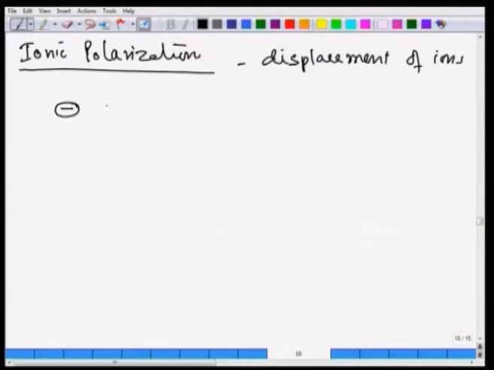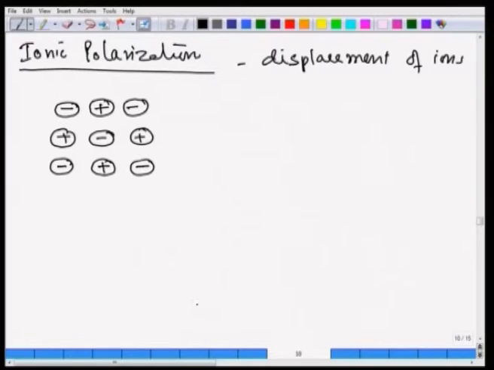Let us say this is a negative ion, positive ion, negative ion. Let us draw a few more. Here is the ionic crystal, and now we apply some electric field. Let us say we apply the electric field in this direction.